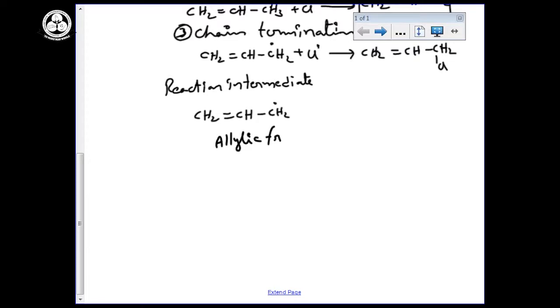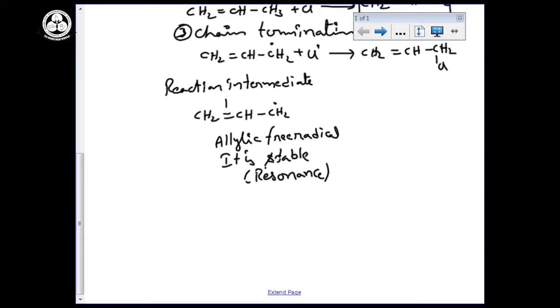The allylic free radical is a more stable free radical. Why is it stable? Because of resonance. See the resonance in this one.